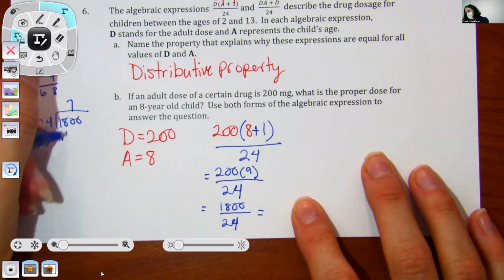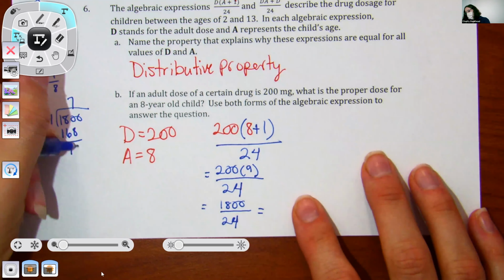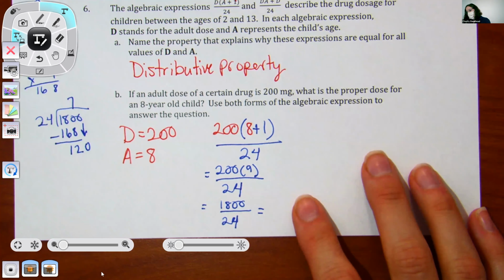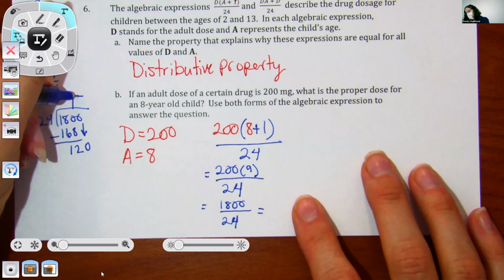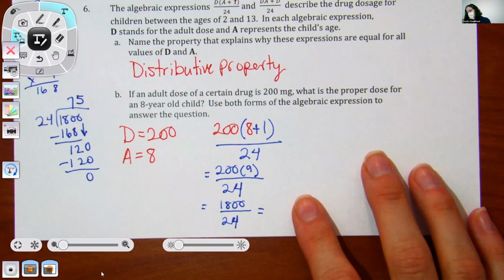So then 180 minus 168, that would be 12. And then 24 would go into 120. How many times? Would that be 5? So 75.